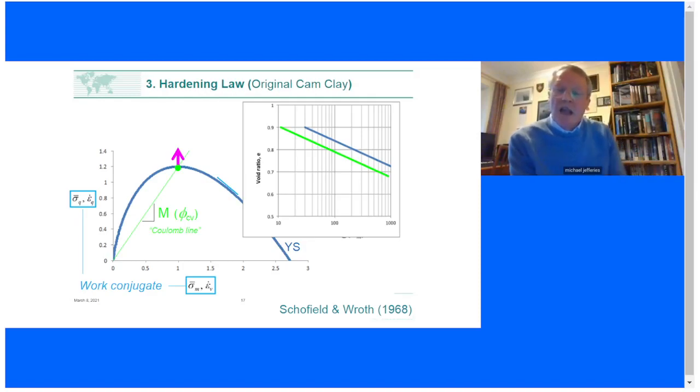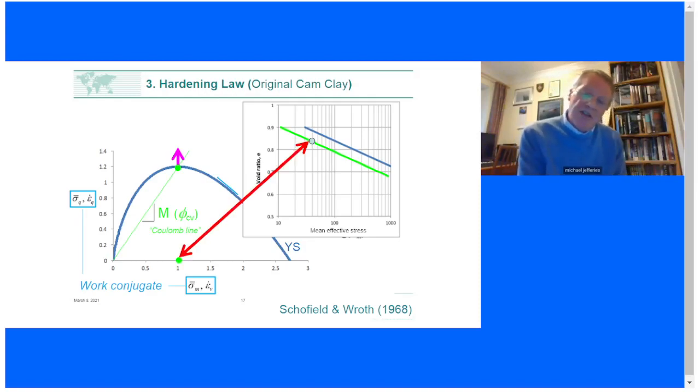Well, if that is the critical state on my yield surface, I can go to my e-log p plot, which is my cartoon on the right. That's also the critical state. Then those two things must be one and the same. So I have now got a relationship where I can go from a void ratio. I'm showing this point as the soil is maybe at a void ratio of 0.82 or whatever it is.